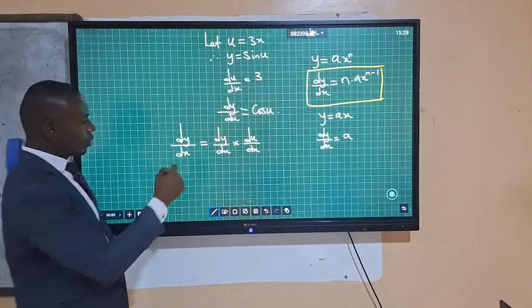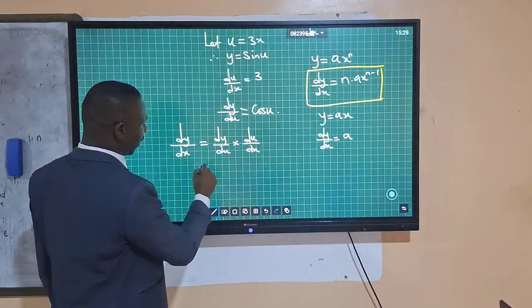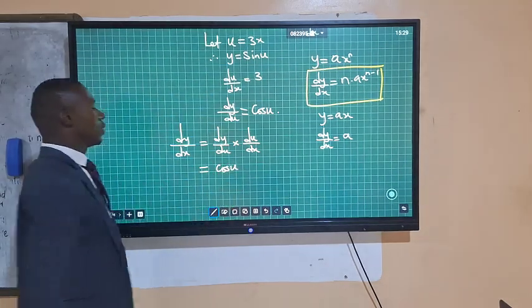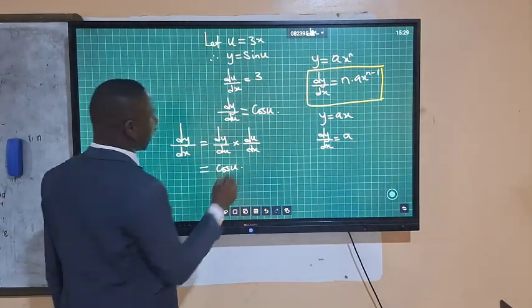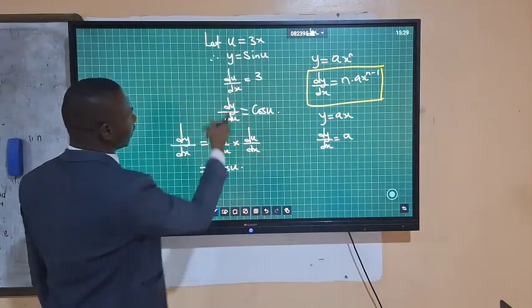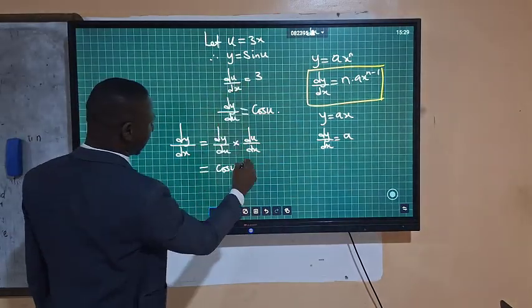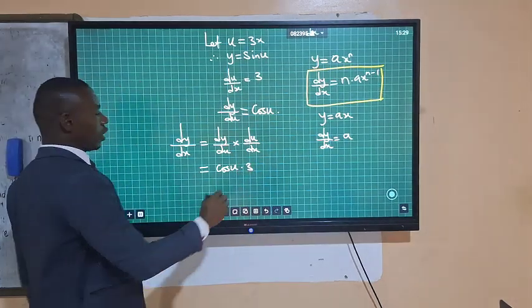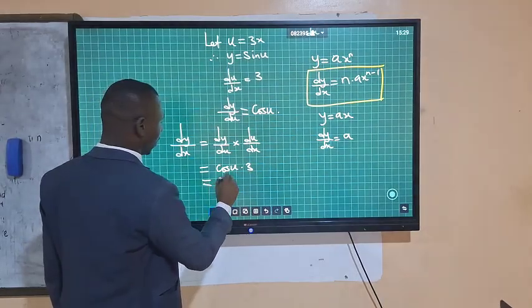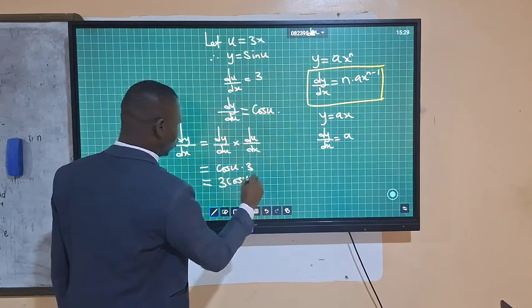Our dy over du is cos u times, what is our du over dx? Du over dx is 3. So if we do that, we have 3 cos u.